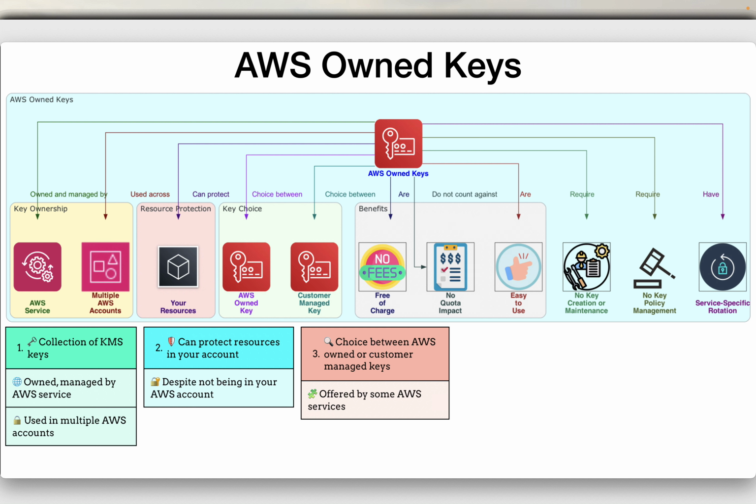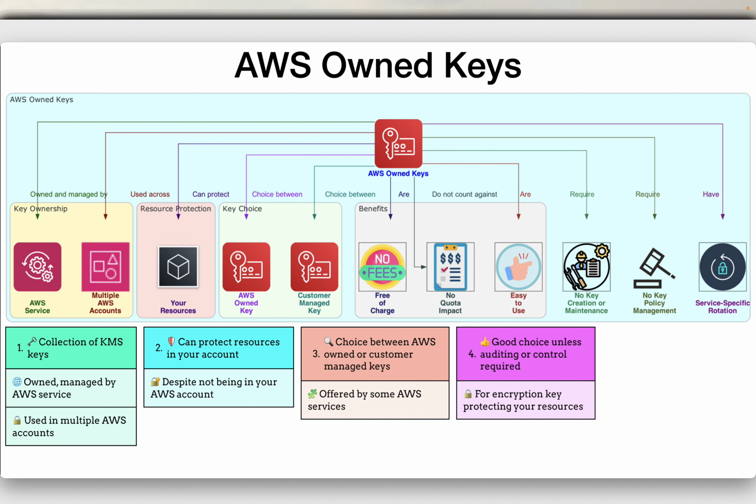Some AWS services let you choose an AWS owned key or a customer managed key. In general, unless you are required to audit or control the encryption key that protects your resources, an AWS owned key is a good choice.